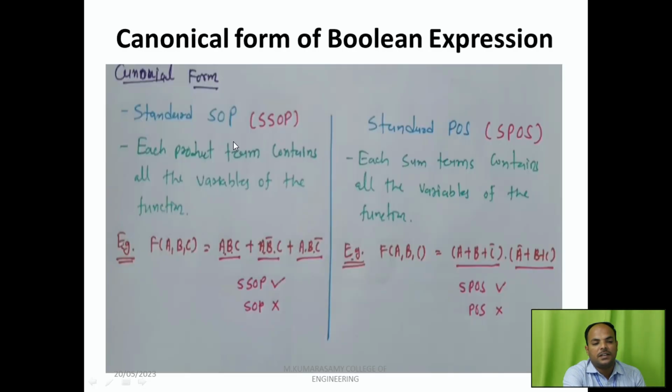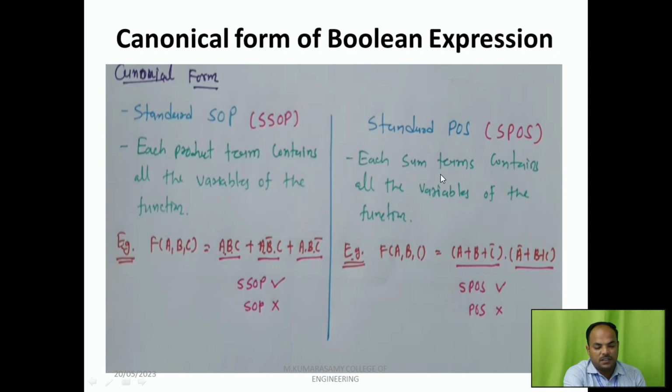An example is given here. Next you can go for canonical form. There are two types of canonical form, canonical SOP and canonical POS. In the example function F(A, B, C), the variables are A, B, C. All the variables or literals are present in each term, so it is considered canonical SOP or standard SOP, SSOP. Here it is the canonical form of POS or standard form of POS, SPOS.